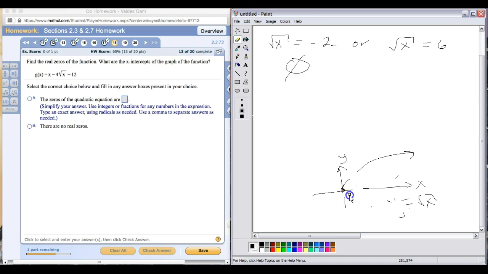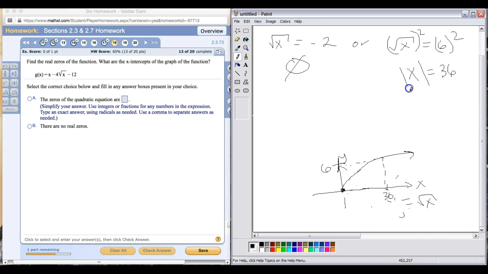So if we come back here, we see that when x is 36, this should map up to a y value of 6 here. Okay, so we know that, so if we come and square both sides here, this actually makes sense for us to go ahead and do that.